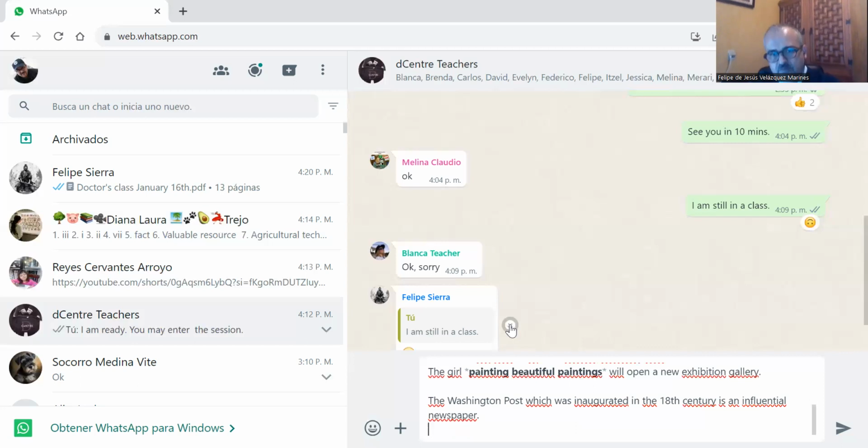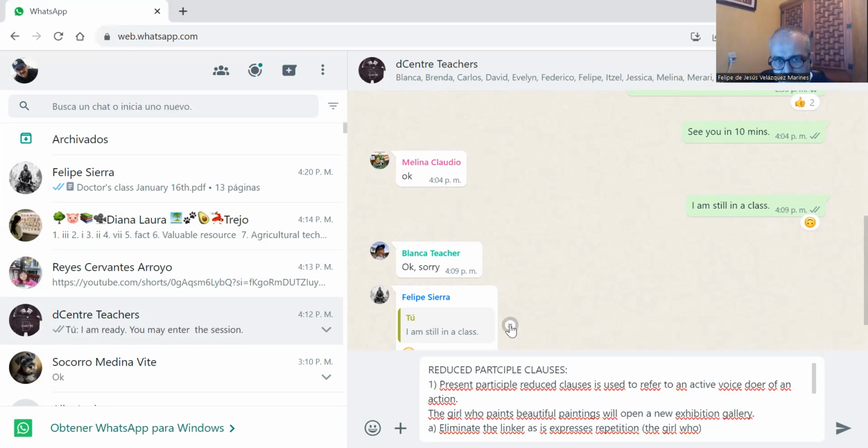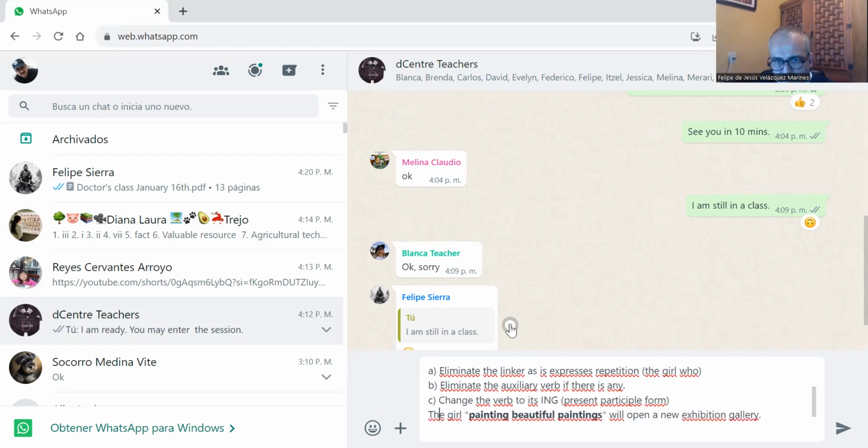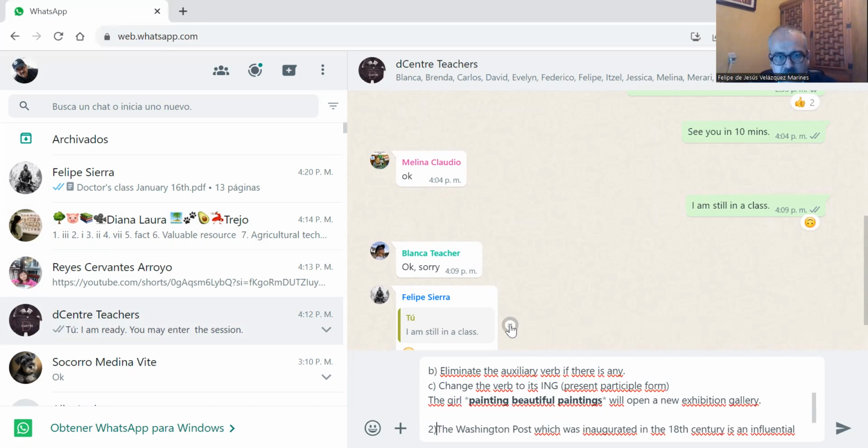Okay, so then to reduce a passive voice, this is reduced present participle clause, present participle. Okay, number two, we have reduced past participle clauses, which respond to passive voice doers.